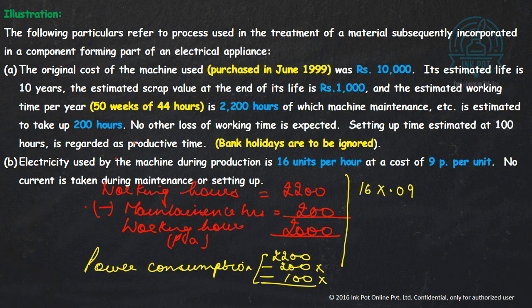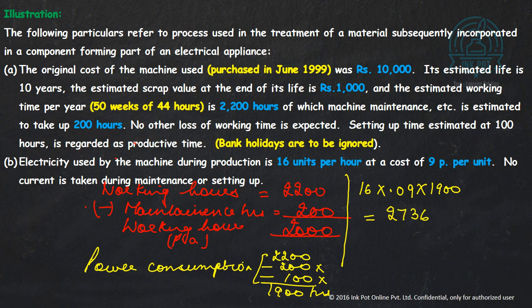That is why we will take 1900 hours for power consumption. Multiplying this into 1900 to calculate the annual cost, you will get 2736.